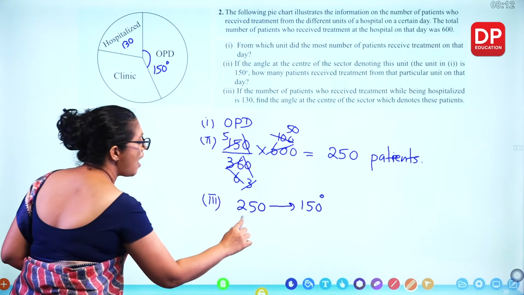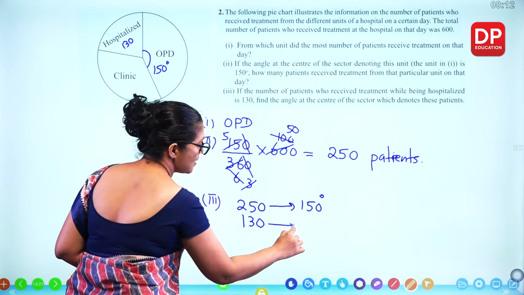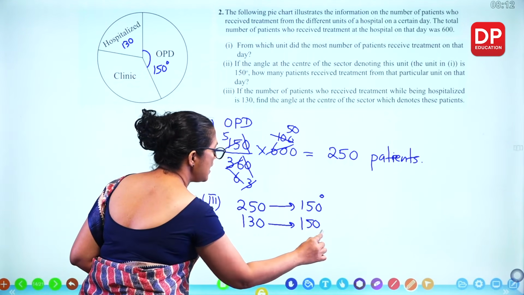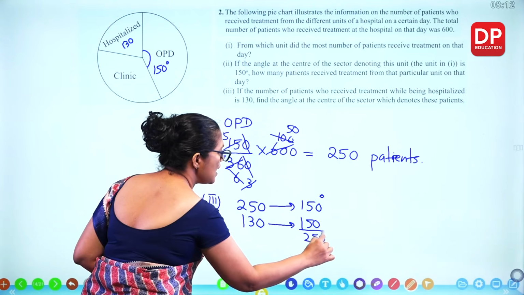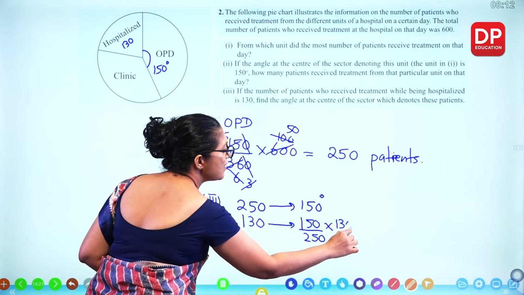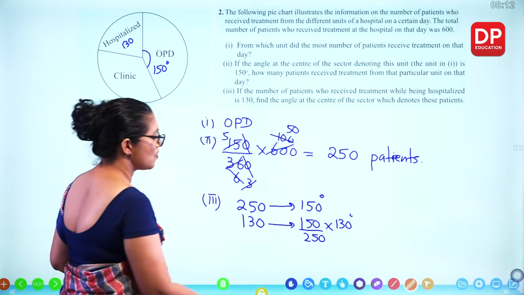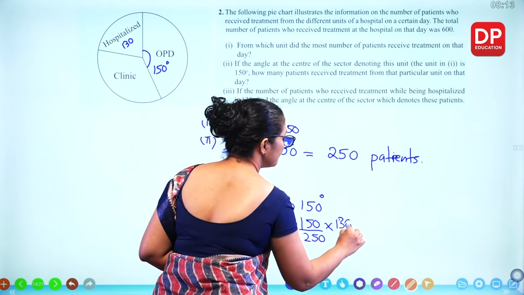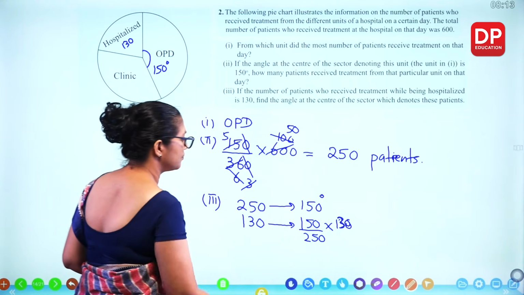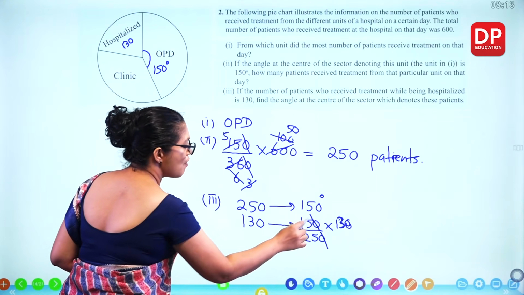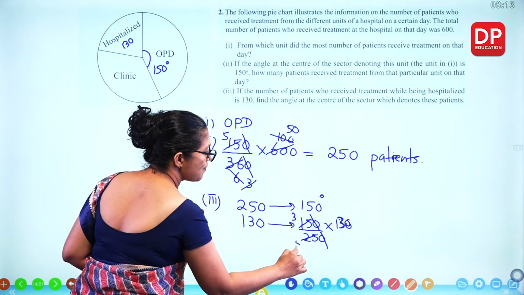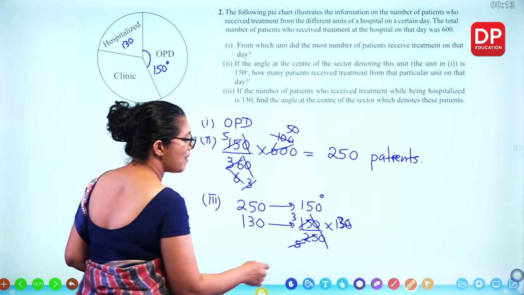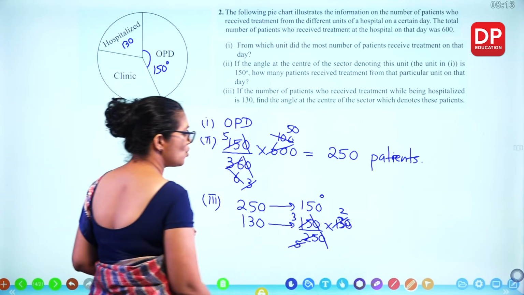Now we want 130 patients. So use the simplification here. 150 divided by 250 into 130. So 100, what you get? 0, 0 get cancelled out. 5 times 3, 5 times 5. 130 divided by 5. 5 times 2, 10.